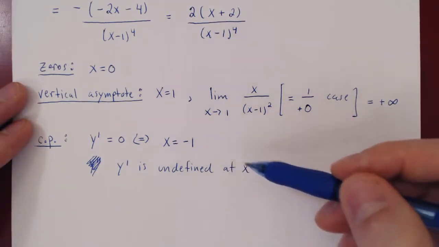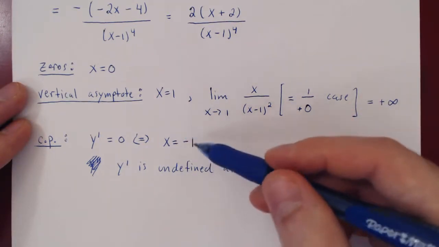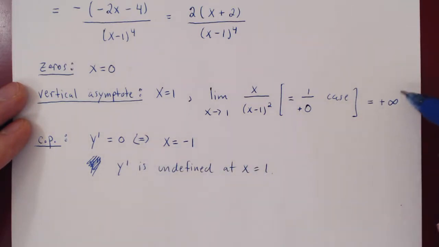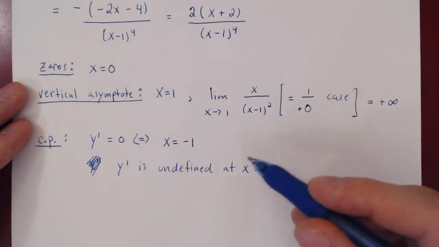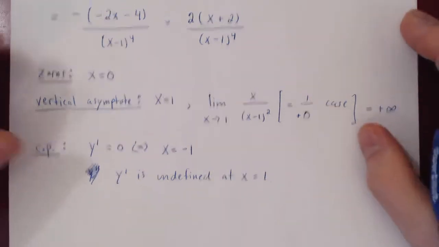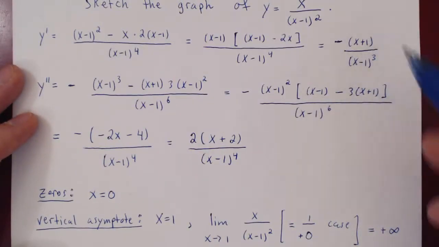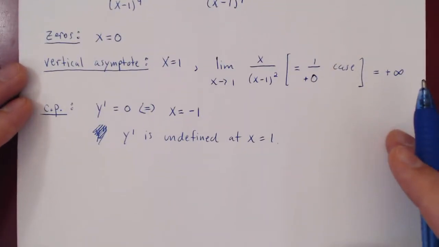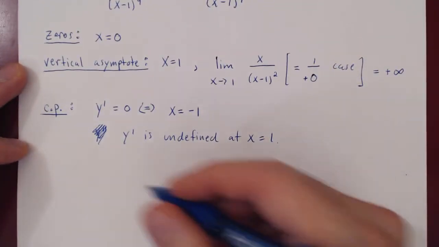So we have two very different critical points here. One point where the curve is flat, another point where the curve shoots up to infinity, so becomes more and more vertical because the derivative, if you look, will also shoot up to positive or negative infinity. What about our inflection points, or possible inflection points?